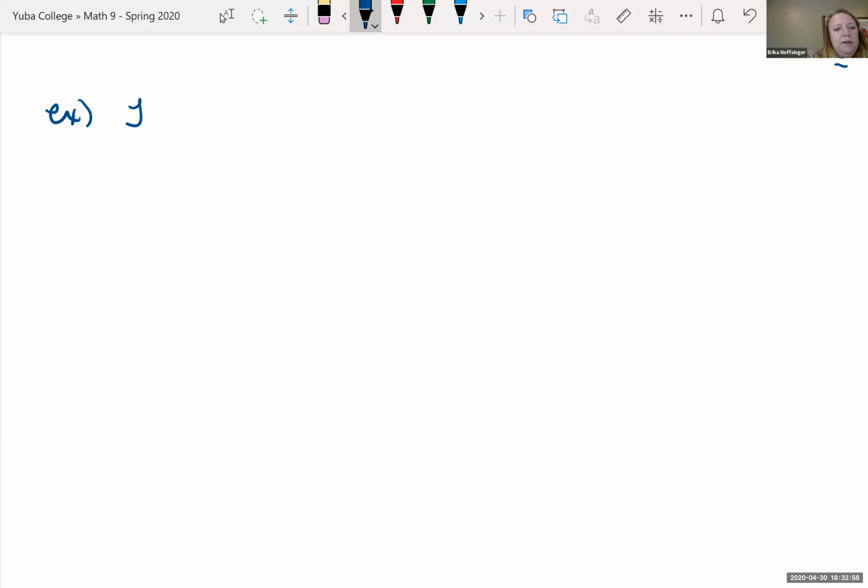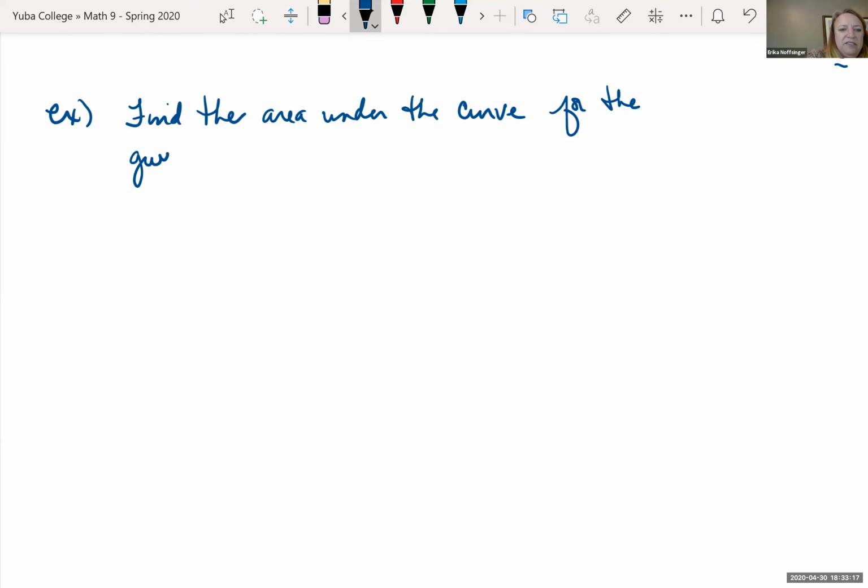Okay, so we're going to find the area under the curve for the given value of f of x between the bounds and the x-axis.